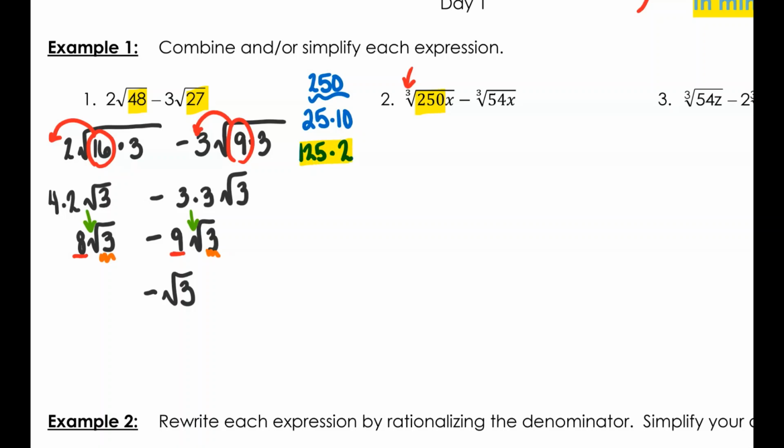So when I revise 250, I'm going to revise that as 125 times 2, don't lose the x, because 125 is now a perfect cube and that can come out. So the cube root of 125 is 5. So this simplifies to 5 times the cube root of 2x.